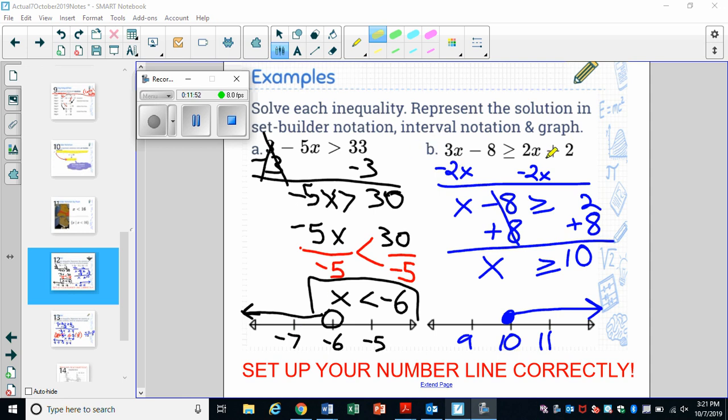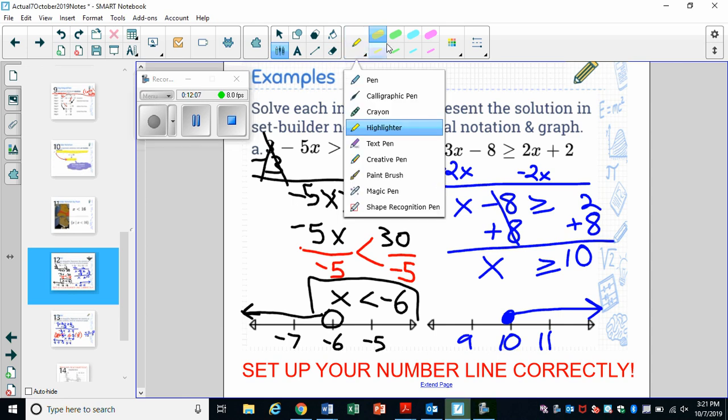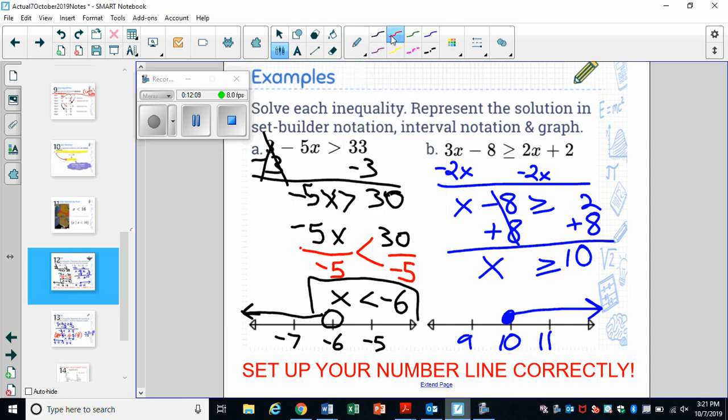Problem B. The first step we did for this problem in class was subtract 2x on both sides. Good thing was, when we subtract 3x minus 2x, in the end we wound up with just a plain old x. And then, of course, your positive and negative 2x disappear. You bring down your positive 2.